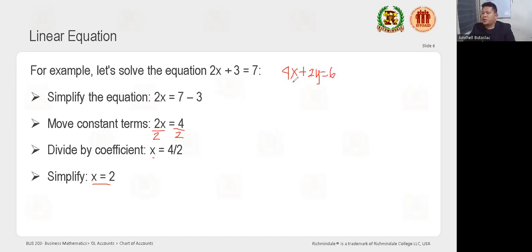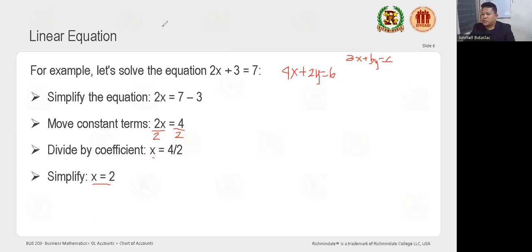So as you can see, this is in standard form. The standard form is ax plus by is equal to c. So that is our standard form.